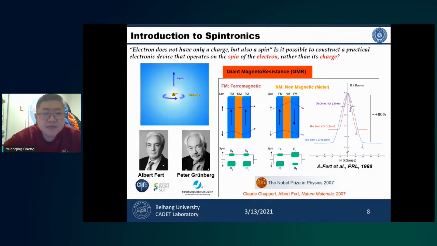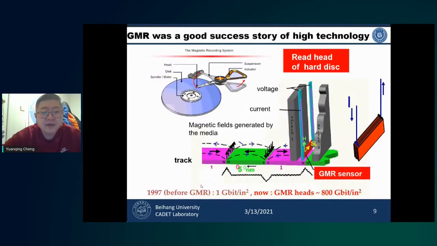This giant magnetoresistance is not based on the conventional charge property of the electron. It is based on the spin property of the electron. In fact, before the appearance of STT-MRAM, we had already used the giant magnetoresistance phenomenon in the hard drive.